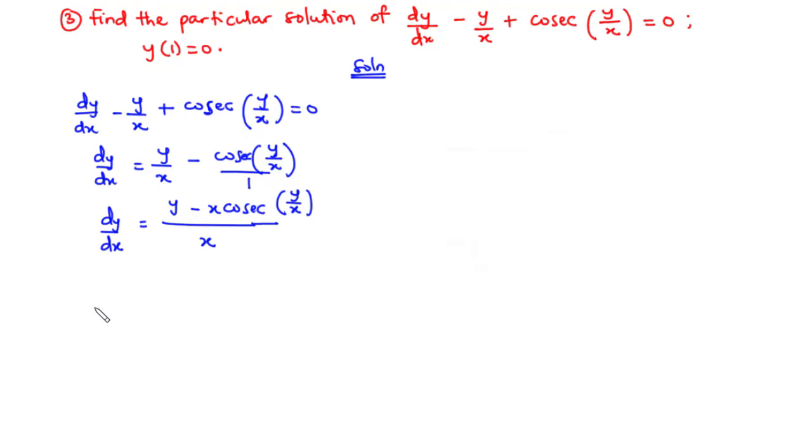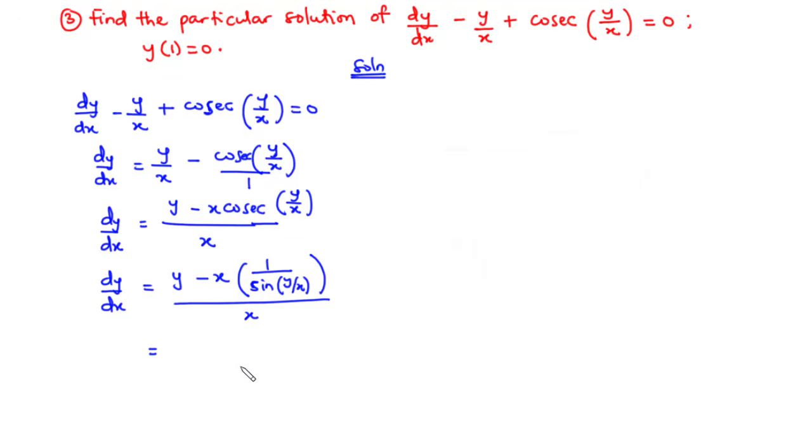Now what we are going to do is, let's try to simplify this. Okay, so we have dy dx equals y minus x. Now cosec is basically 1 over sine, so we have this times 1 over sine y over x, all divided by x.